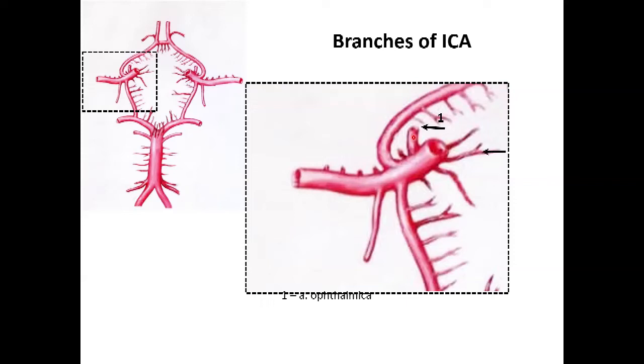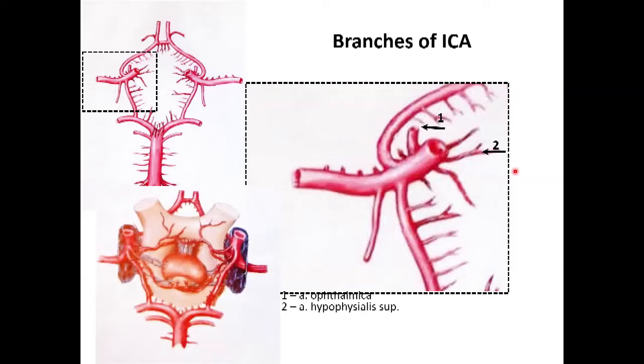Then in another direction, number 2 is Arteria hypophysalis superior. We have already seen this vessel in another picture. They are directed in different directions: ophthalmica anteriorly and hypophysalis superior medially and posteriorly.